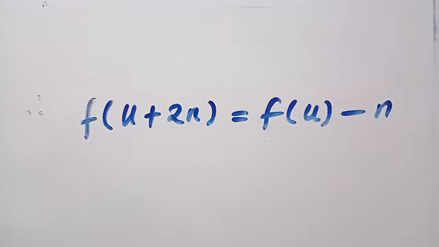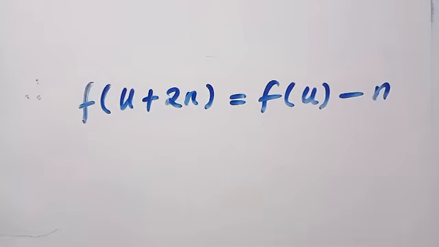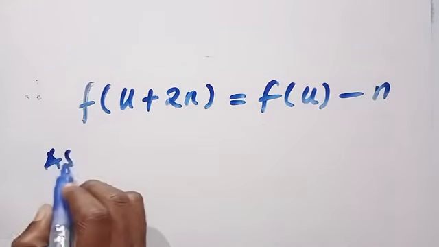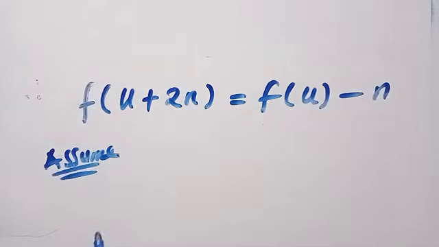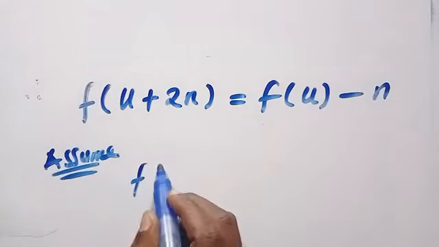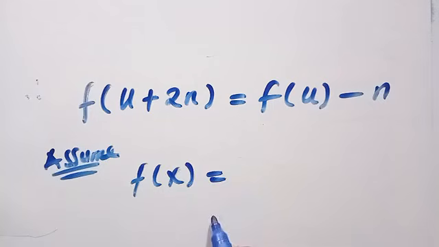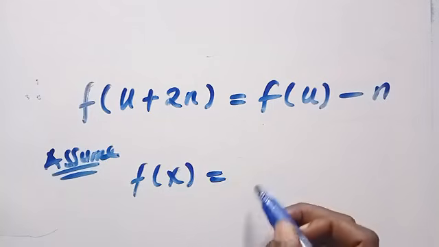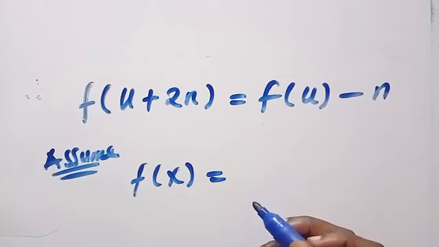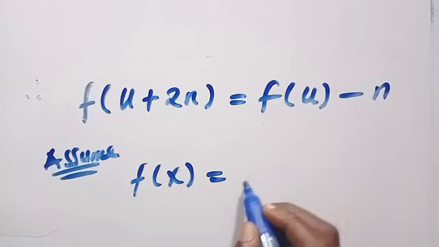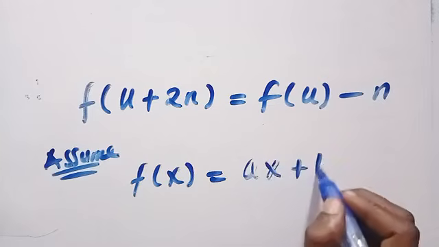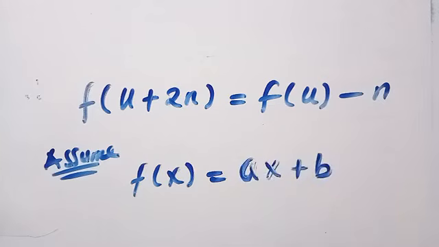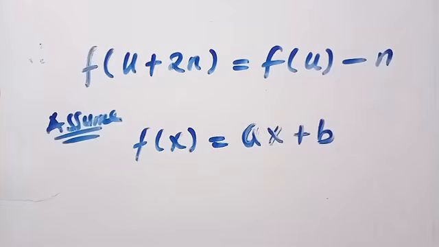Then let's assume that if I have a general function f of x, we consider this as a linear function. Since the increment is 1 by 1, we are going to have f of x equals, assuming, ax plus b, which shows the linearity.